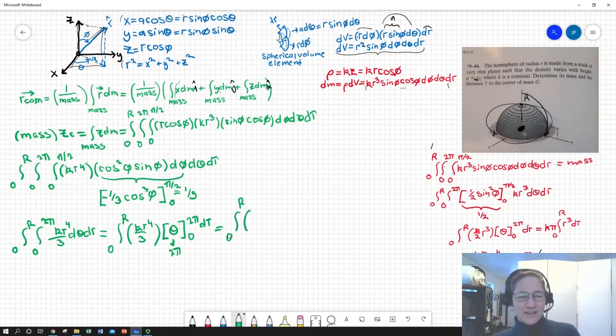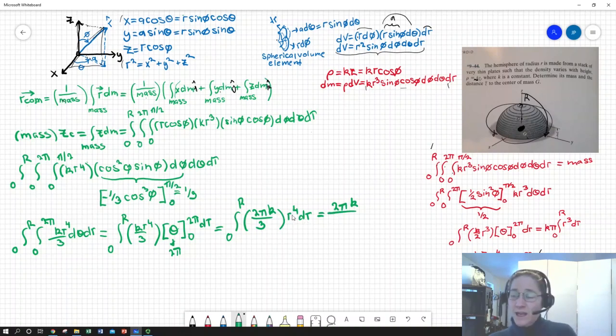So now I'm going to collect all the constant terms. We've accumulated a 2 pi, we had a k from our density expression divided by 3 times r to the 4th dr, which should give us 2 pi k over 3 times r to the 4th.